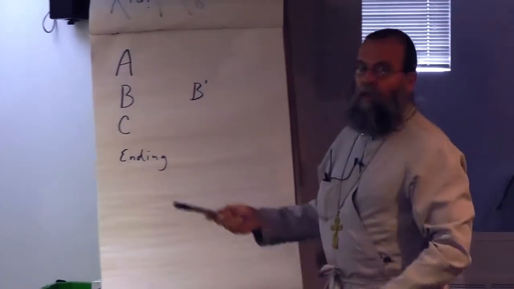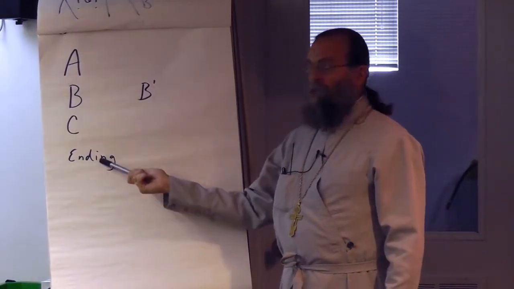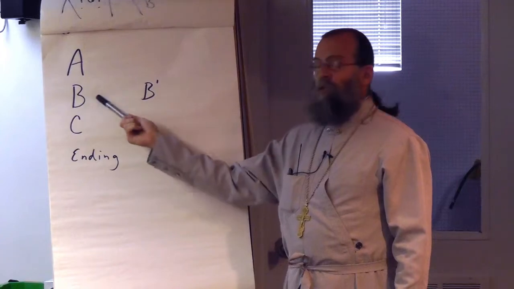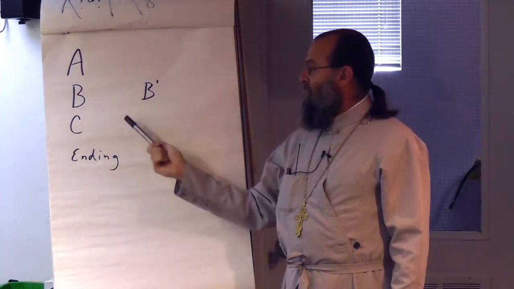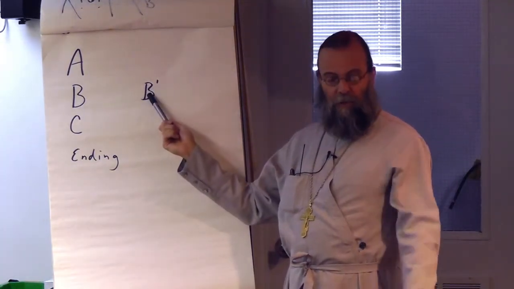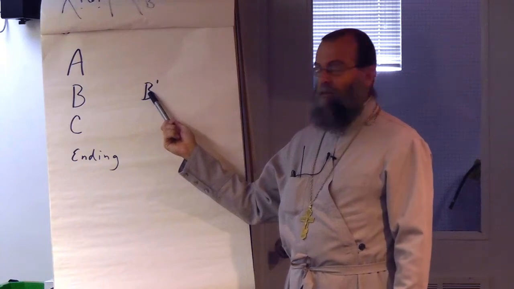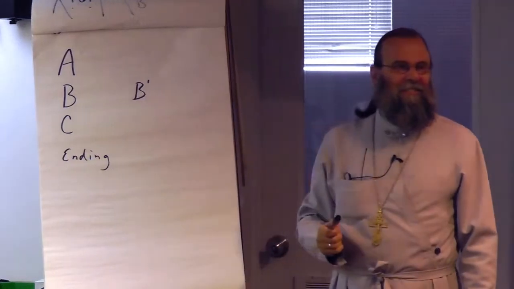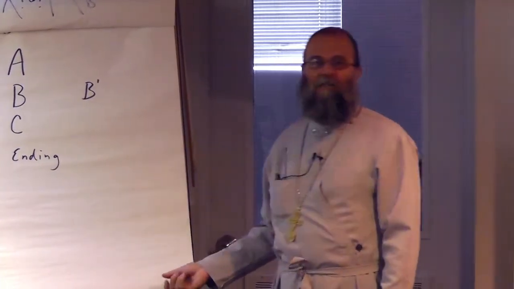It goes A, B, C, and a specific ending. If you end after B, you use a special variant of B, which you'll see here, of the second member. You never want to end after A. As much as possible, try never to end after A, because A and the ending are the same, more or less. Okay?